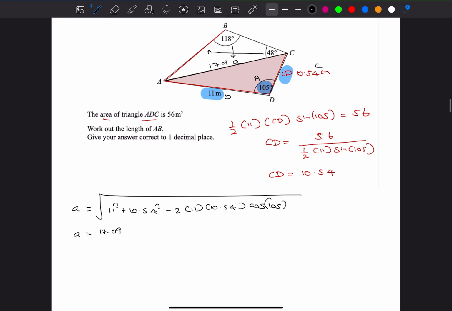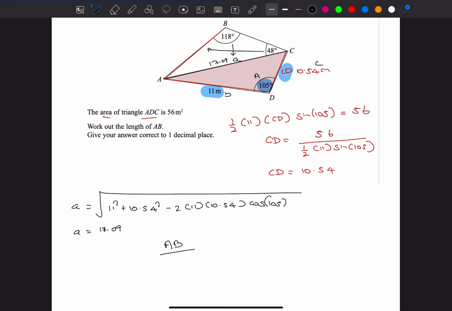So what is it? This AB over sine 48 equals 17.09 over, we'll call that AB anyways, right? 17.09 over sine 118.